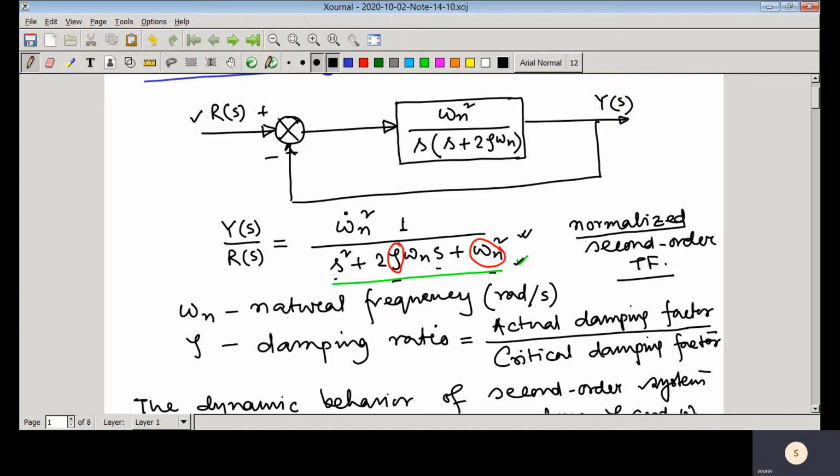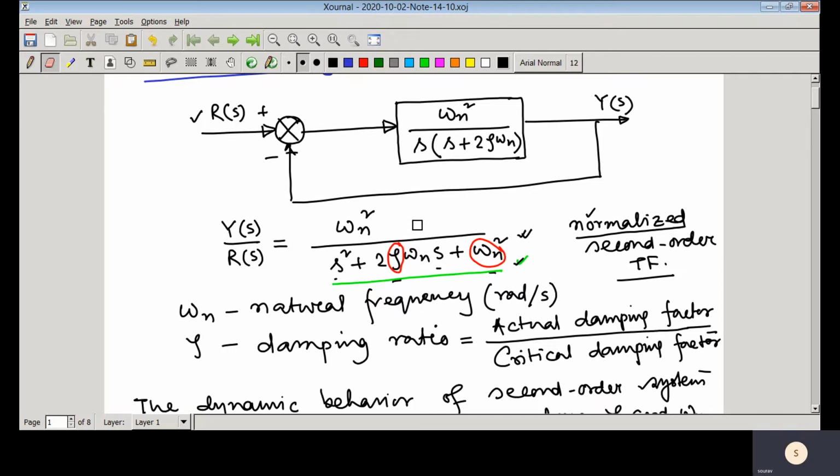But as we have represented it in normalized form, omega n square by omega n square cancels out and it would be 1. That's why this transfer function model is called the normalized one.